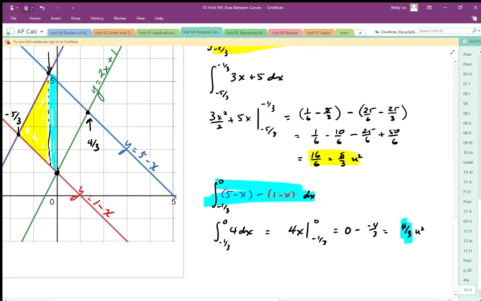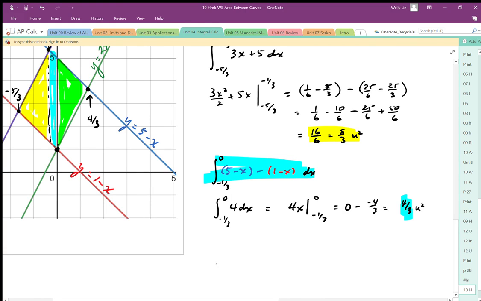And then finally, the last area here is going to be this area from 0 to 4/3. So we're going to set up that integral. That integral is going to be from 0 to 4/3, and it's going to be the blue line minus the green line. So it's going to be 5 minus x minus 2x plus 1, and then we'll multiply that by dx.